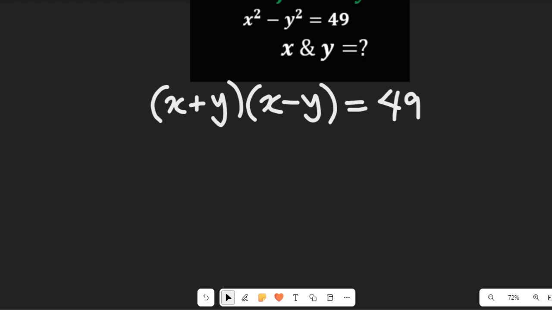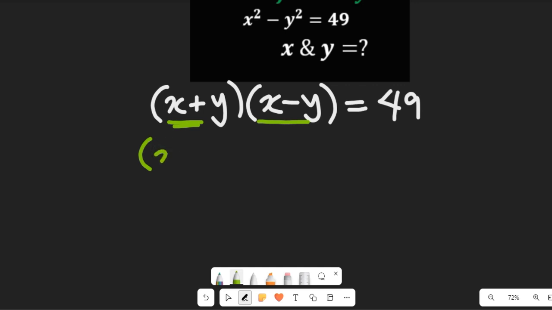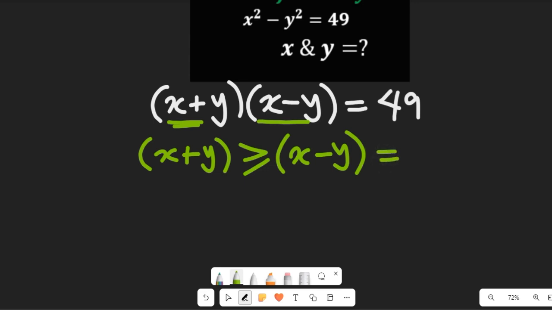If you look at these two expressions, you come to see that no matter what the value of x and y is, this must be greater than this. So this is going to give us x plus y greater than, or it can be equal to this, depending on what the value of x or y is.